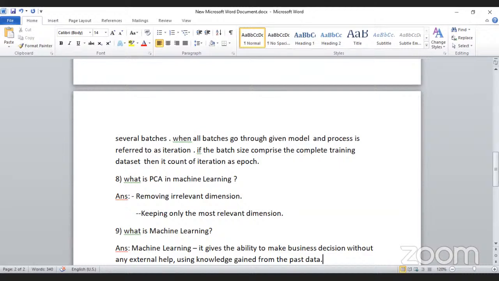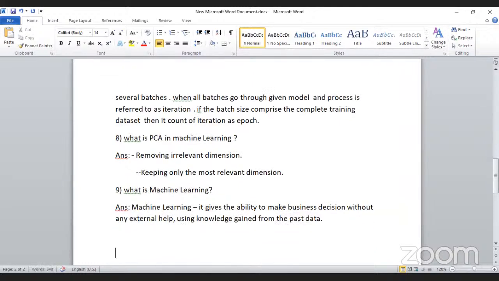That is machine learning. Machine learning gives the machine the authority, the ability to make business decisions without any external help. That means once we feed an algorithm, we just wait for the accuracy of the model.